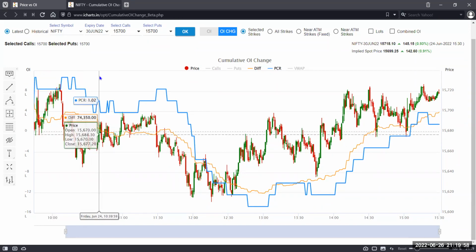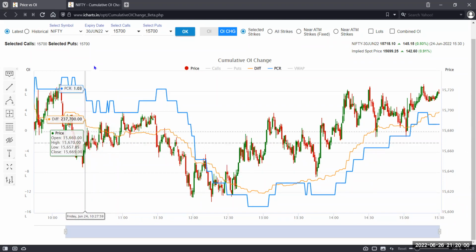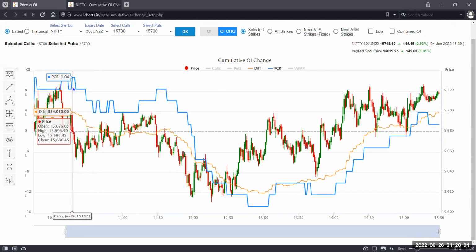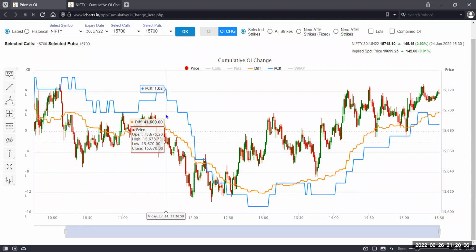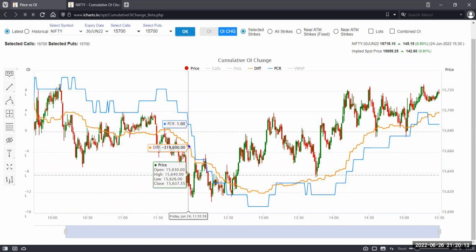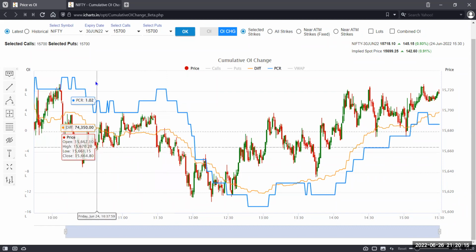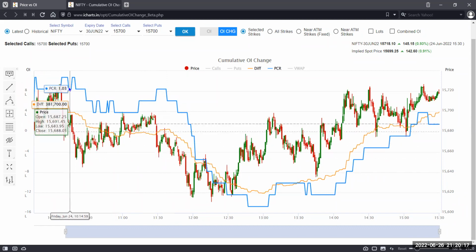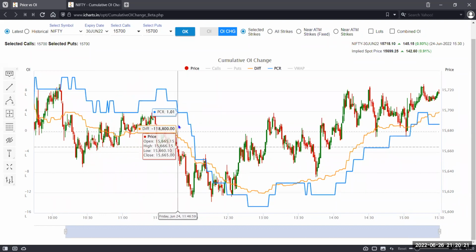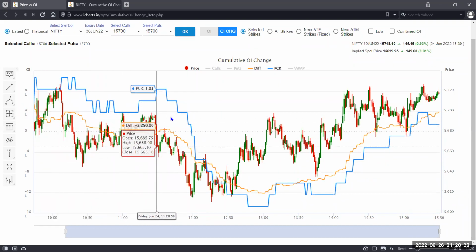So either the put OI is decreasing or call OI is increasing. That is the reason why the put divided by call OI will go down. So both are bearish. Either puts are decreasing, that is the put writing going down, or call buildup going up. So that means more calls are being written, or puts are being unwound.